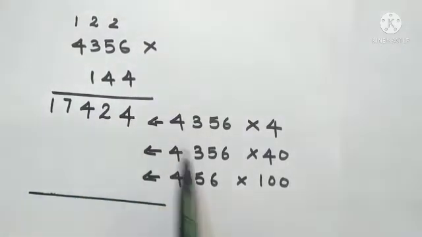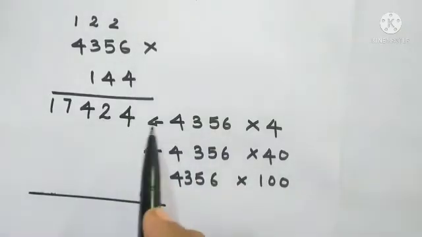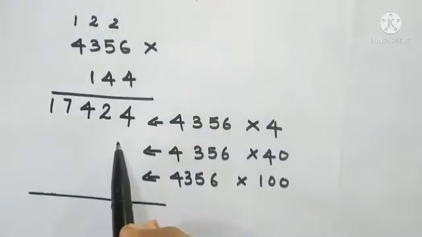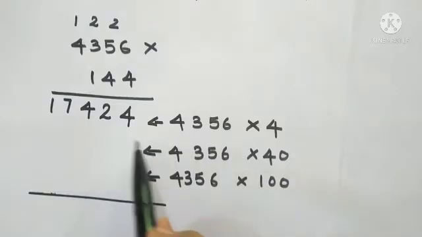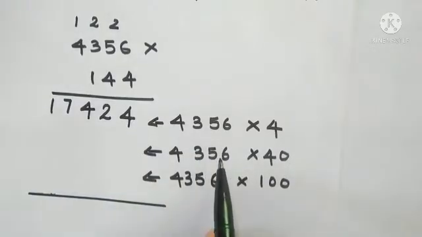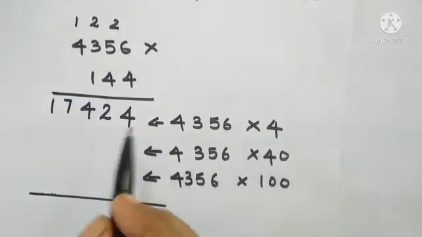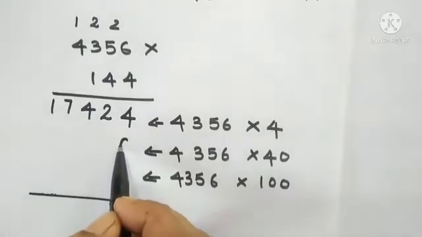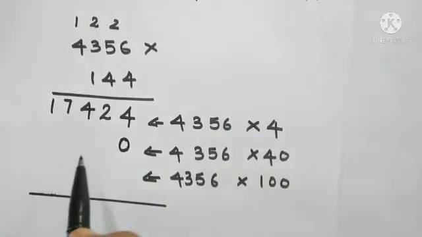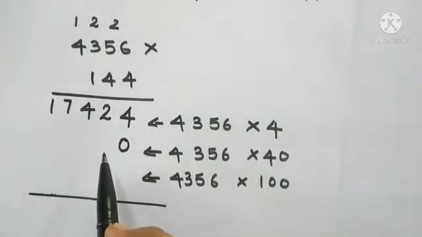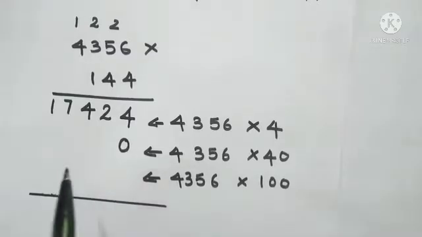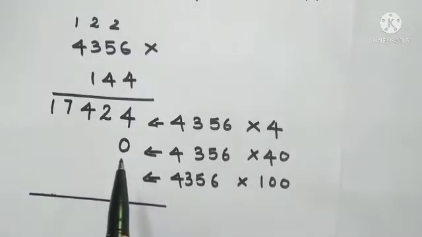So first we will multiply with 4 and put 0 in the ones place. 4356 into 40. First we put 0 here because we are multiplying with 40. Instead of multiplying with 40, we will multiply with 4 and put 0 in the ones place.